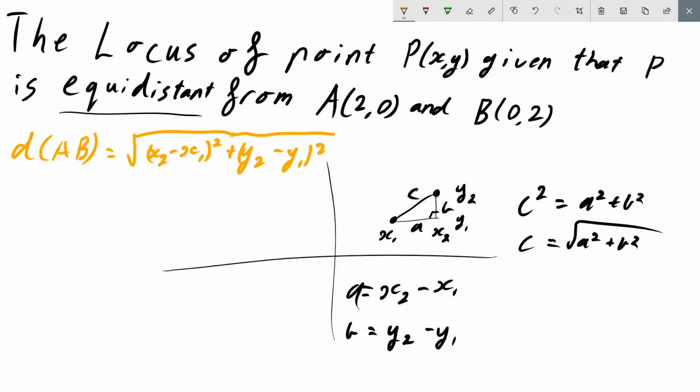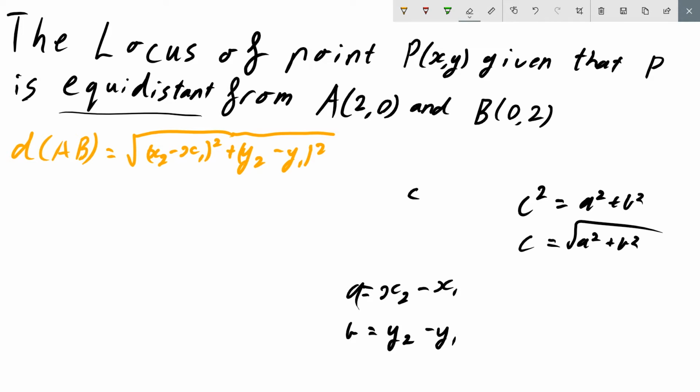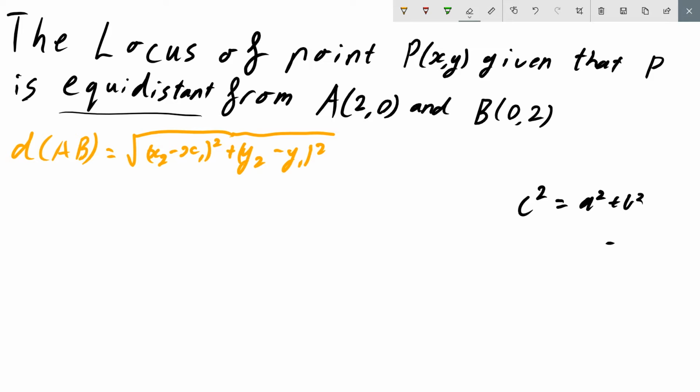So with this distance equation we can actually do some things in relation to finding something that satisfies the conditions that we have above here. So remembering at the start that I said the distance from P to A has to be equal to the distance P to B. So now we can actually use the distance formula to find these distances here.